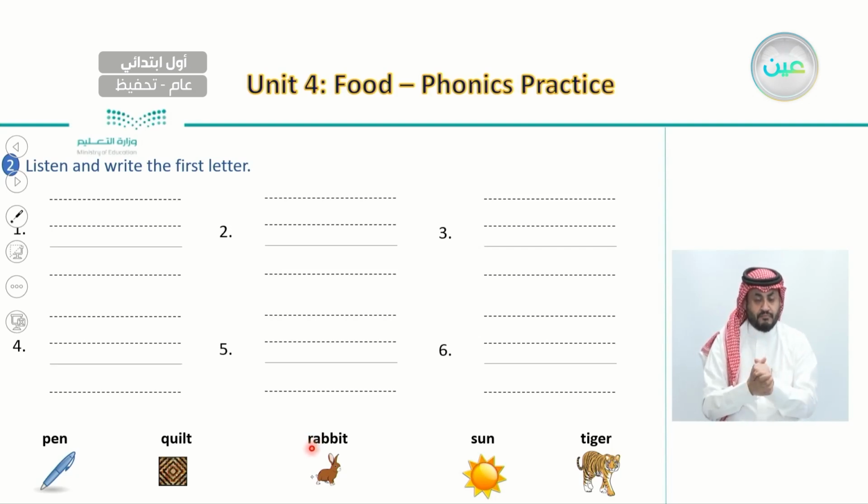Rabbit starts with letter R. And number 5 is the fourth one, sun. Sun starts with letter S. And finally, tiger. Tiger starts with letter T.